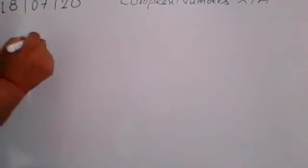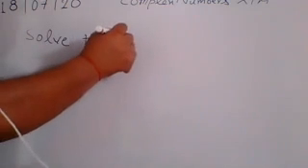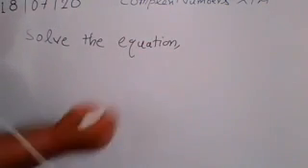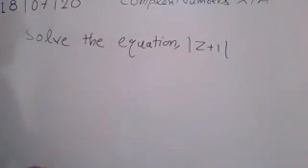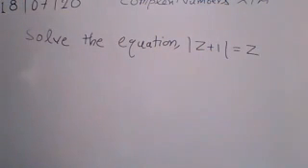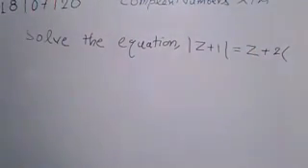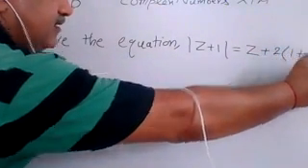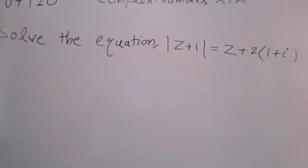Solve the equation mod of z plus 1 is equal to z plus 2 times of 1 plus i.